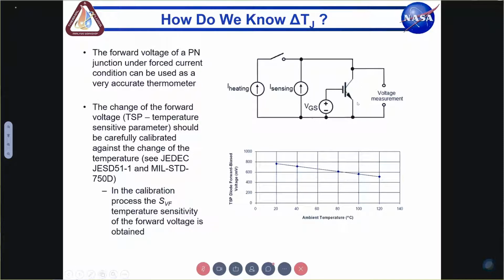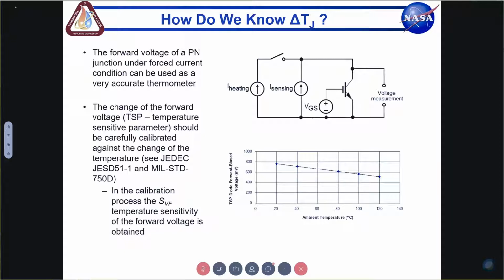Basically, if you take a look at this IGBT here, we can measure its temperature by providing a constant bias, which we call a sensing current, across the component by opening up the gate, so putting the device into saturation mode. And the device at a steady bias will change its output voltage, collector-emitter voltage in this case, as the temperature changes.